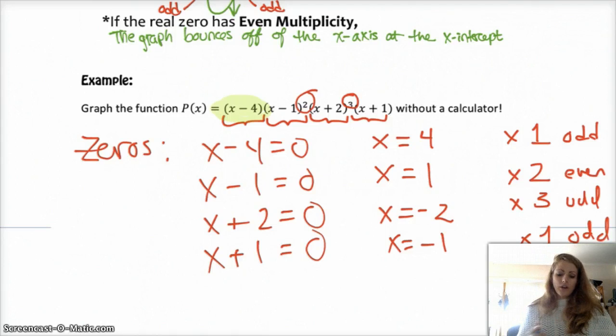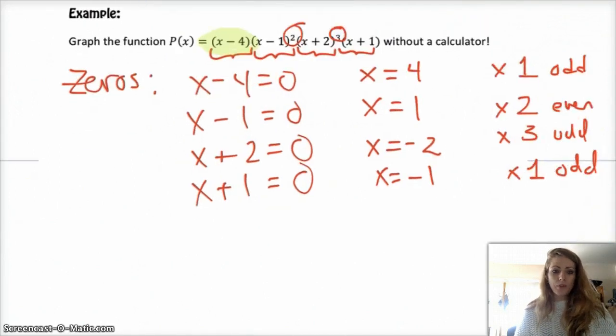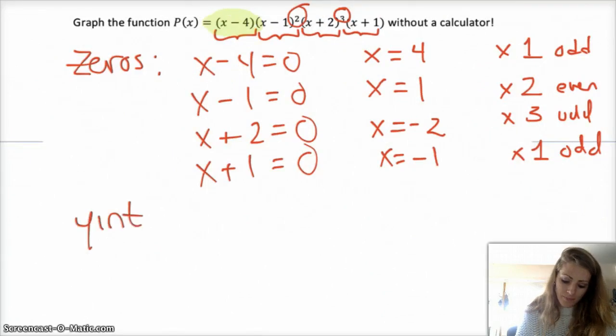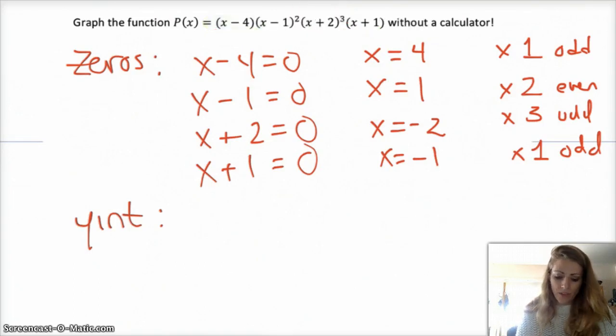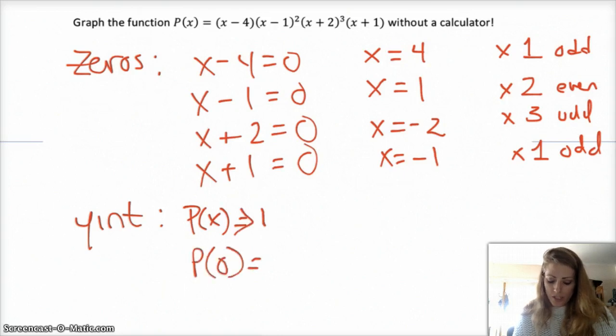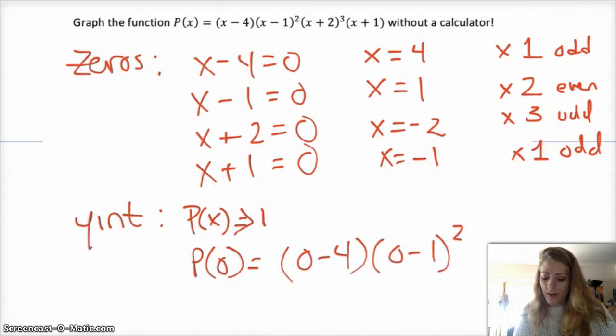Okay, so I've got my x-intercepts. I'm also going to need my y-intercept, which is where x equals 0. So I want p of 0, which is 0 minus 4 times 0 minus 1 squared times 0 plus 2 to the third times 0 plus 1.